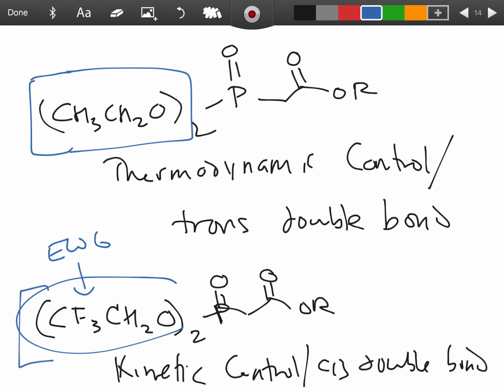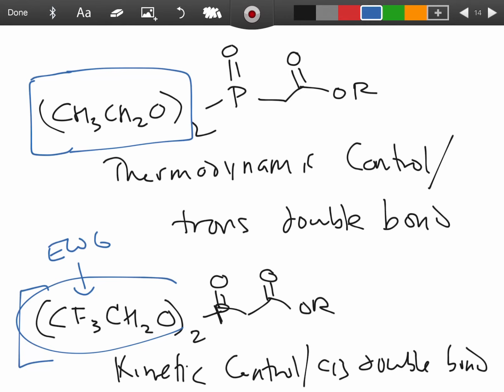And then if you have less reactive aldehydes, they're more apt to go back to the starting materials. If you go down the kinetic pathway, they can go back easier and then find their way to the thermodynamic pathway.